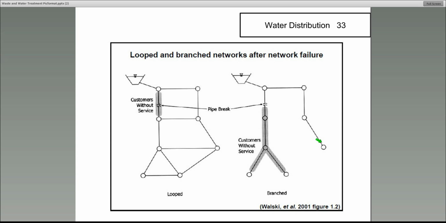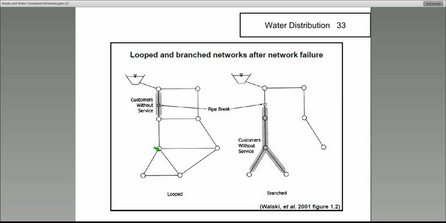But what happens in this system, if you have a pipe break here, you cut off 1, 2, 3, 4 areas, or 3 subdivisions, or 4 industries. So if the break is there, you cut all these off, you're still able to provide these 4 over here. With this type of system, if you have a break and it's looped, nothing is cut off.